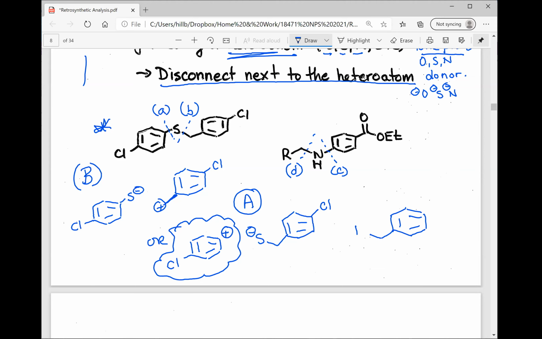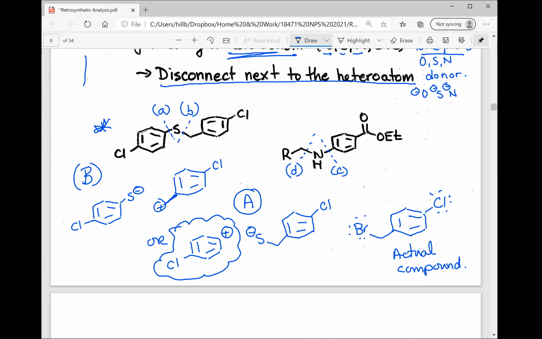So you could just use a benzyl bromide or a benzyl chloride, which is commercially available, whereas making the diazonium salt would be far harder.